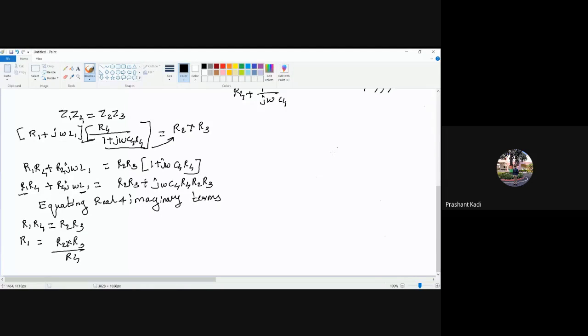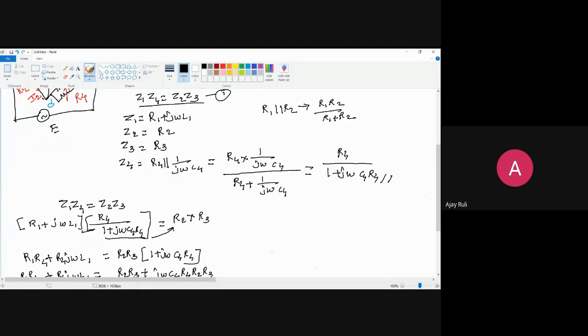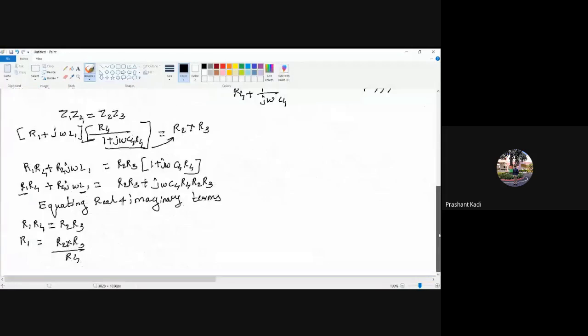Okay, my voice is audible? So we got the value of R1. Let us equate the imaginary terms. The imaginary term is the second term: R4 j omega L1 equals j omega C4 R4 R2 R3.